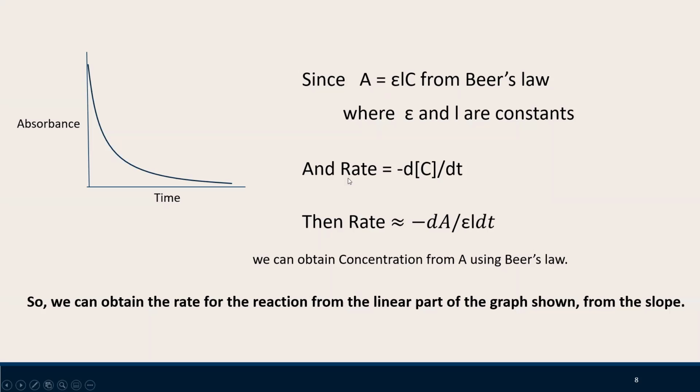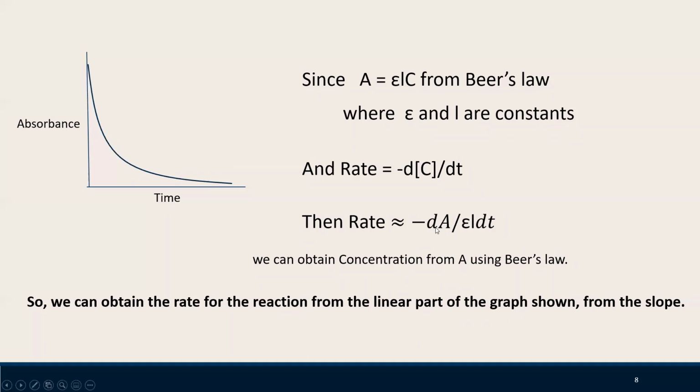So if the rate equals minus dC/dt, and I convert the concentration to absorbance, then that's equal to the change in absorbance divided by epsilon L dt. Okay, so that's the relation between the rate of a reaction and the absorbance.